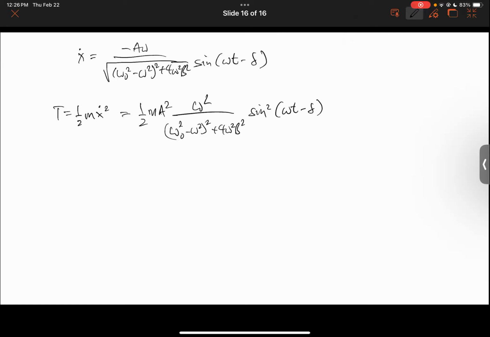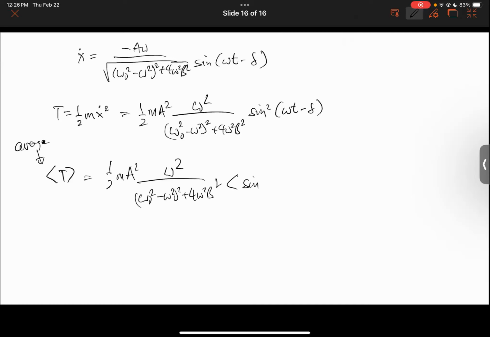Okay, and then if you take the average of that, okay, so we're taking the average of the kinetic energy, okay, over one period. So essentially, ang average niyan is 1/2 m a squared omega squared over omega naught squared minus omega squared squared plus 4 omega squared beta squared. And yung average ng sine squared omega t minus delta, anong average niyan?